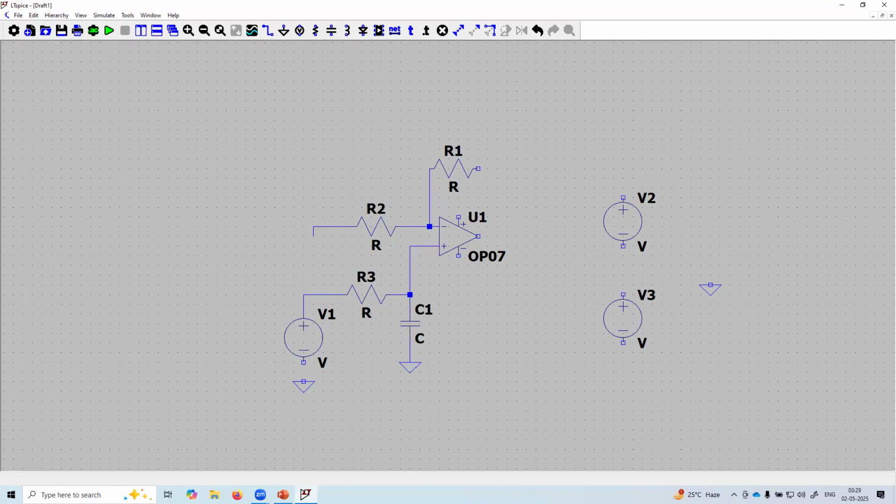Here I'm going to connect to the ground, and this power supply.